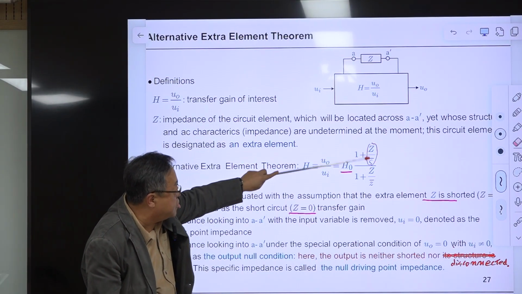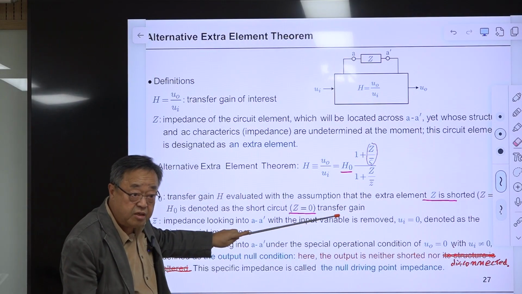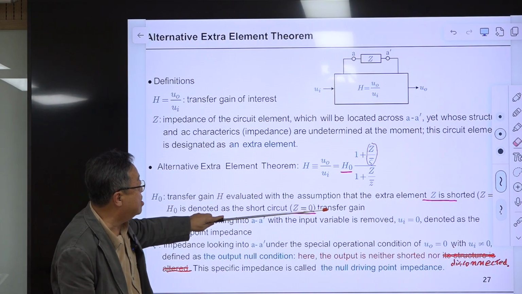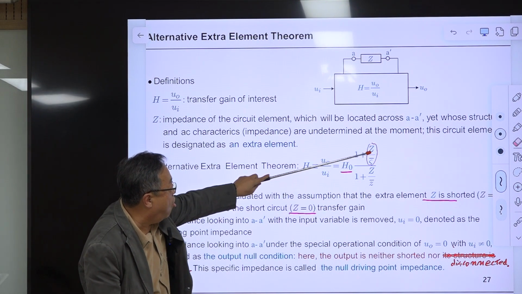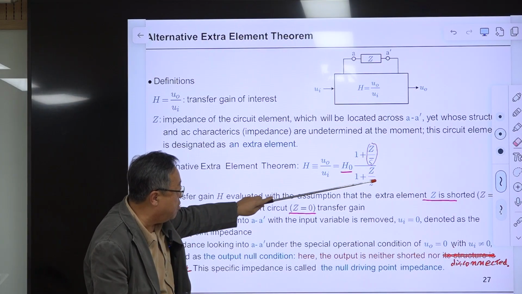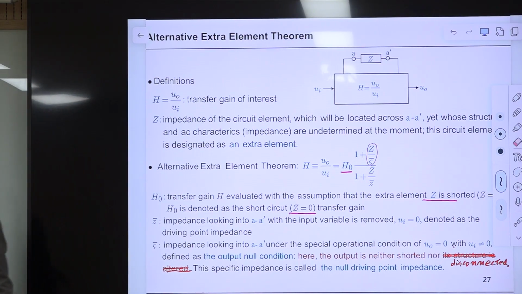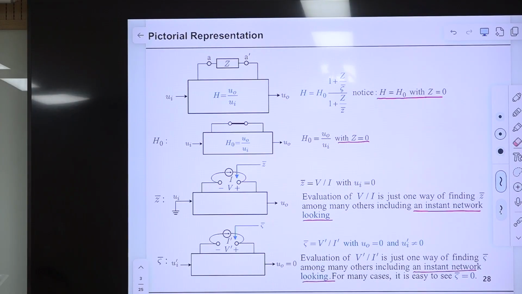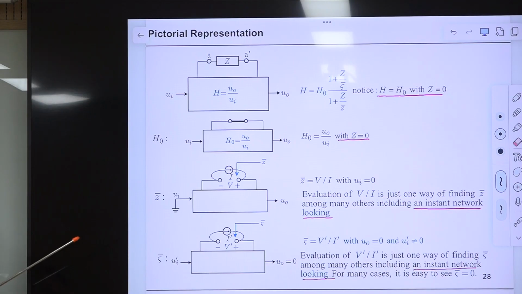Now this becomes 0, and they become the same. Everything is the same except this swap of the numerator and denominator here and here. The graphical illustration is the same. So we have four transfer functions. This one.